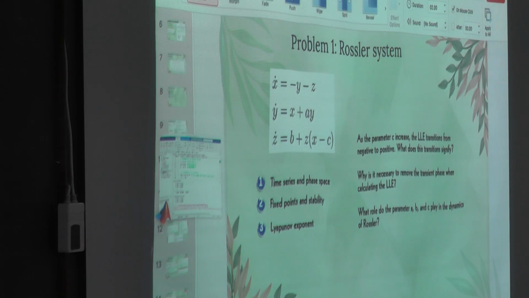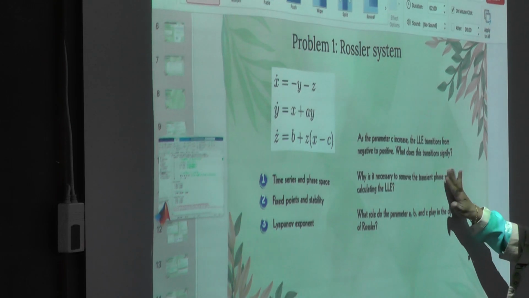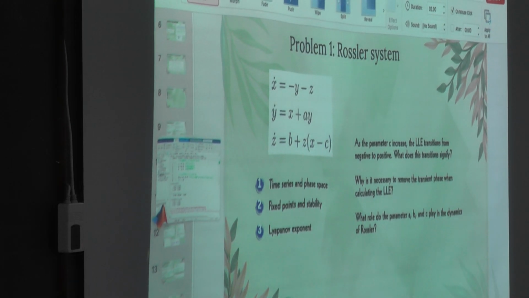System moving towards chaos. My question is very obvious. I think I'm giving them a simple one, so I need to change my question for the exam. This one we already discussed.